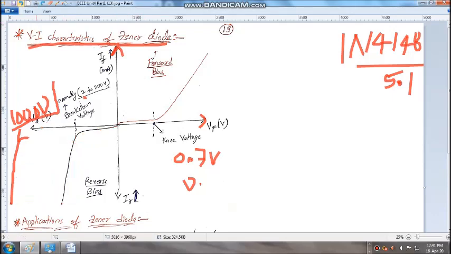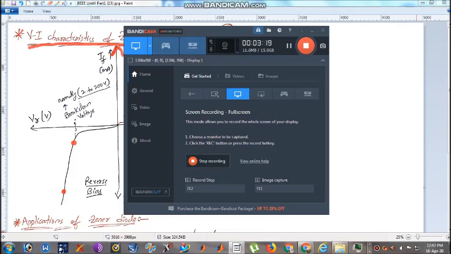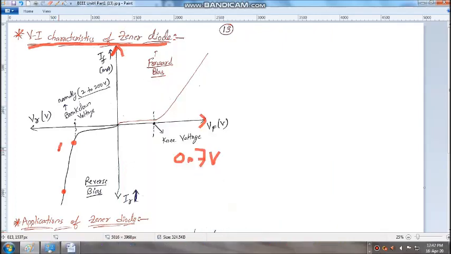So one of the important points which we can observe from this graph is constant voltage in breakdown region. So what is a constant voltage? To explain that, let us take two points, point A and point B. What could be the values of voltage and current at point A?